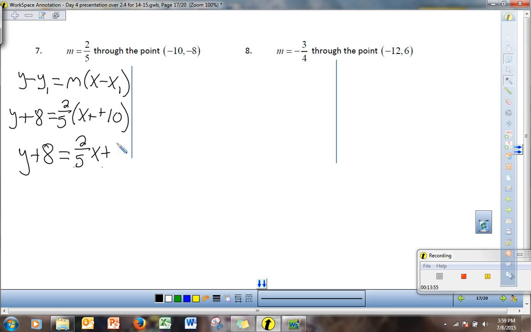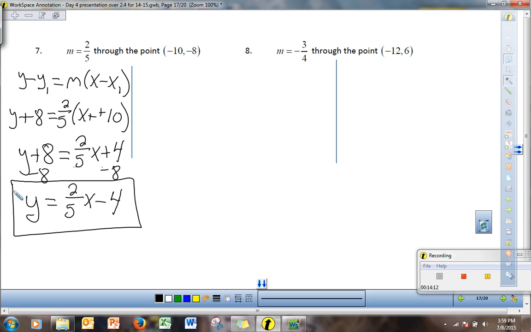So I know that number is going to be positive 4. Because a positive and a positive make a positive. I'm now going to subtract 8 from both sides. So I've got y equal 2/5 x minus 4. Notice all of my answers, guys, at the very end look like y equal mx plus b. Every one of them looks like y equal mx plus b.